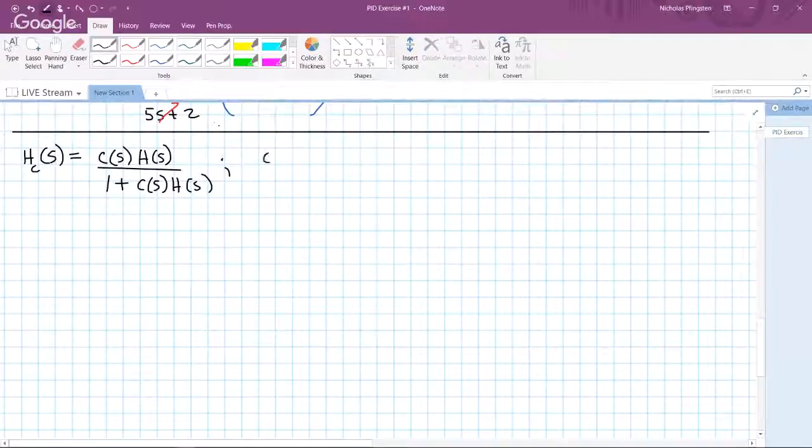And we know that C of s is equal to Kp. We know that H of s is just going to be 1 over 5s plus 2. Those are some things that we know for certain.